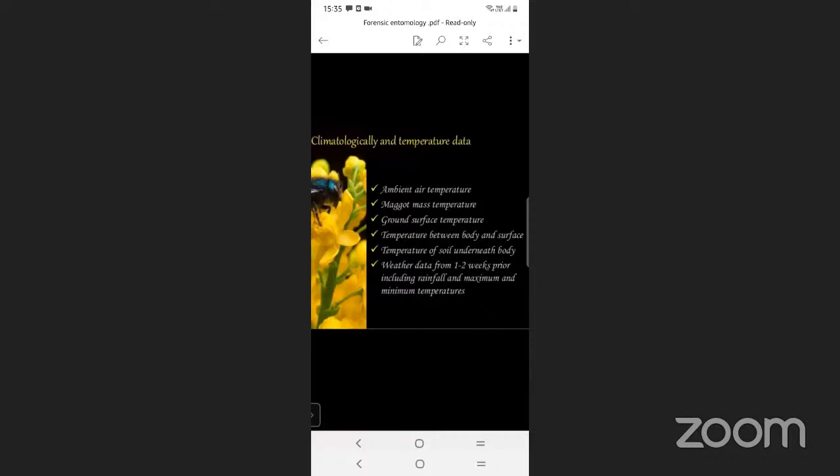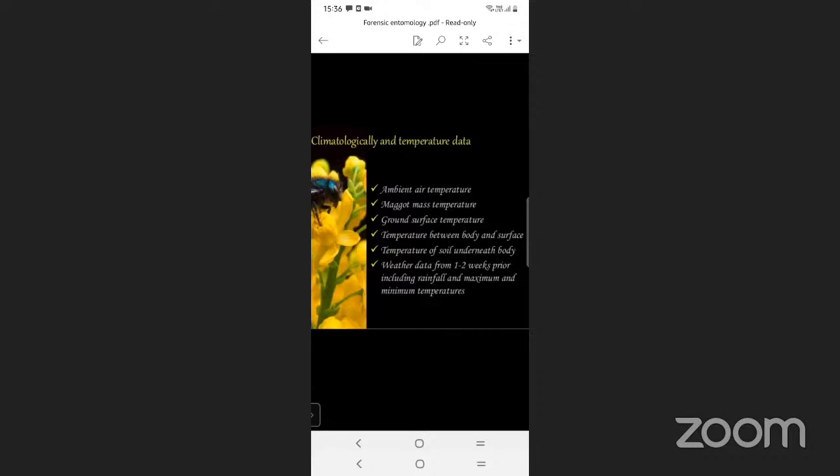consider climatological and temperature-wise data also: ambient air temperature, maggot mass temperature, ground surface temperature, temperature between the body and surface, temperature of soil underneath the body, and data from a 1 to 2 week period, including rainfall and maximum and minimum temperatures.